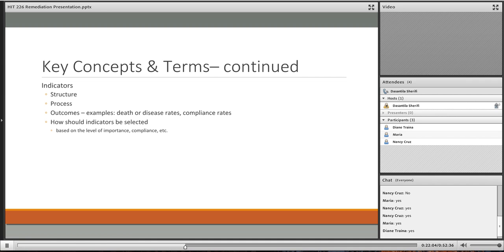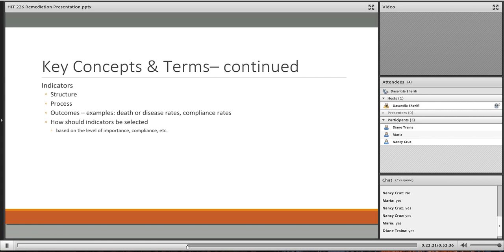Process has to do with either the clinical protocols or the procedures that you have in place, how you actually do things, right?